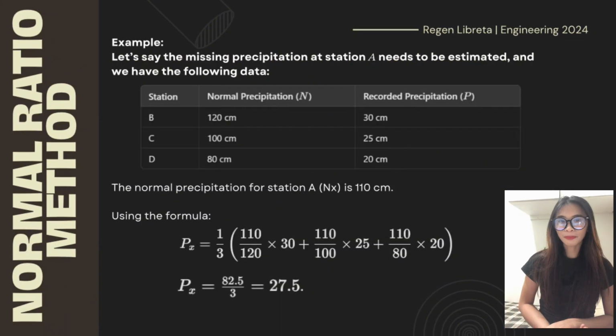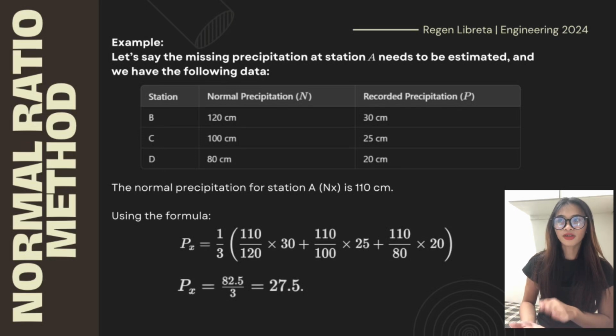So we have an example. Let's say the missing precipitation at station A needs to be estimated, and we have the following data. At stations B, C, and D, we have the normal precipitation and recorded precipitation.